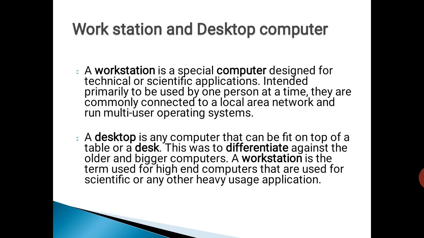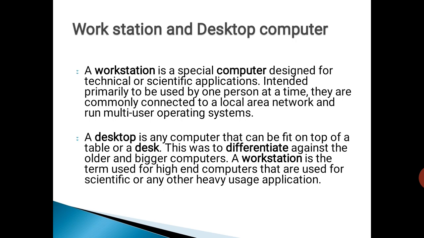And let us see what is workstation and desktop computer. A workstation computer is a special computer designed for technical or scientific applications, intended primarily to be used by one person at a time. They are commonly connected to a local area network and run multi-user operating systems.